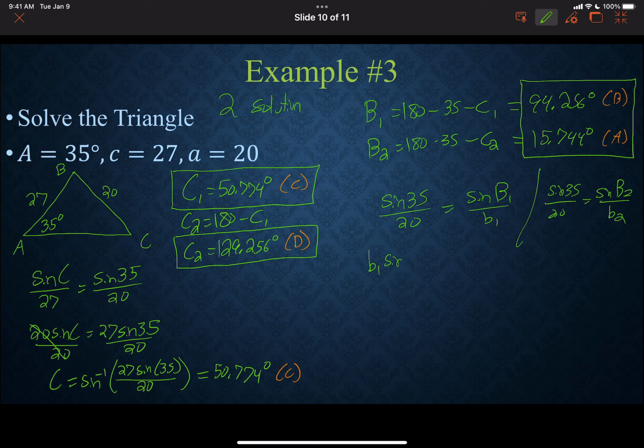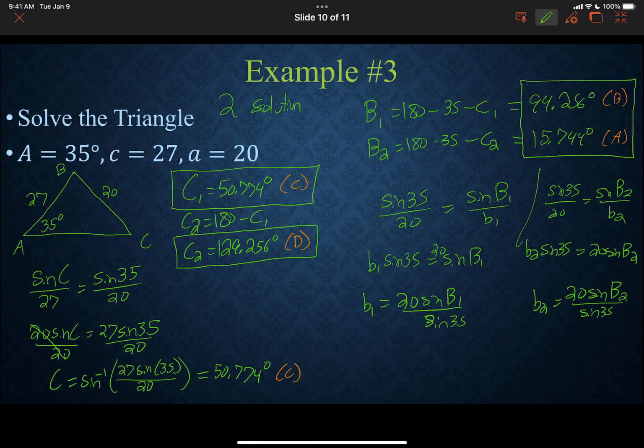So B1 sine 35 equals sine B1 times 20. We're going to have to divide over the sine 35. So B1 is 20 sine B1 over sine 35, sorry. Whereas B2 would be the same thing, but 20 sine B2 over sine 35, because after we cross multiply, it's the same concept.